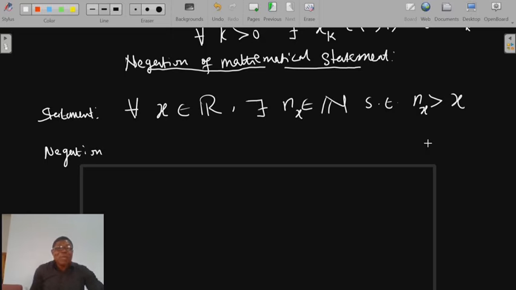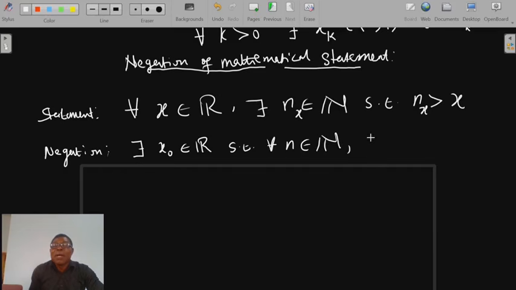For that reason, the negation of that particular statement is the following. There exists a certain x naught in R, at least one, such that for any natural number n you give me, n is less than or equal to x naught. This is the negation of this statement.